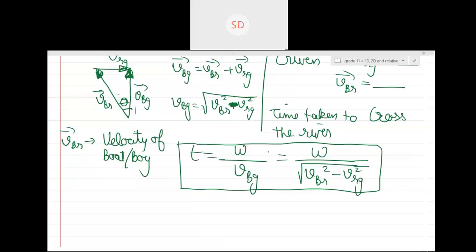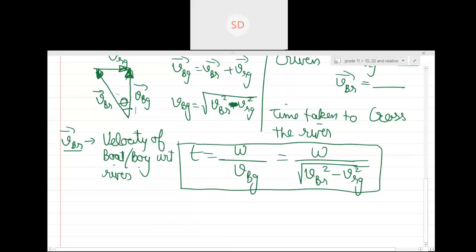Write down the question. These types of questions are directly made and will always trouble the students, but please remember to pay attention to these terms. What is VBR? VBR is basically the velocity of boat or buoy with respect to river.